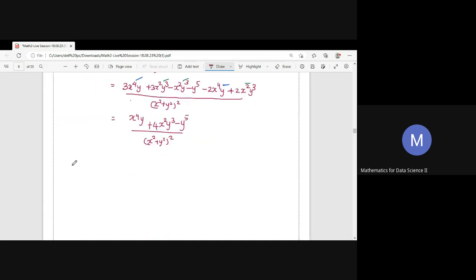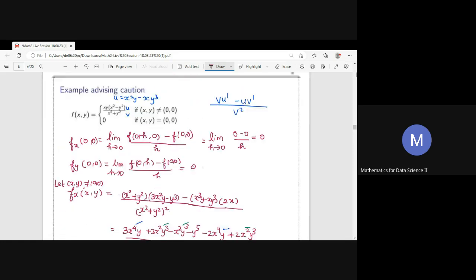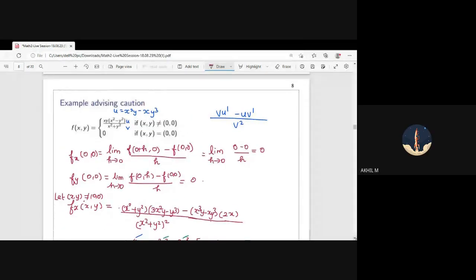Now what is the partial derivative with respect to y? We have to do similar steps. The denominator, x squared plus y squared the whole squared, is going to be the same. Your u is x cube y minus xy cube, right? That is your u.